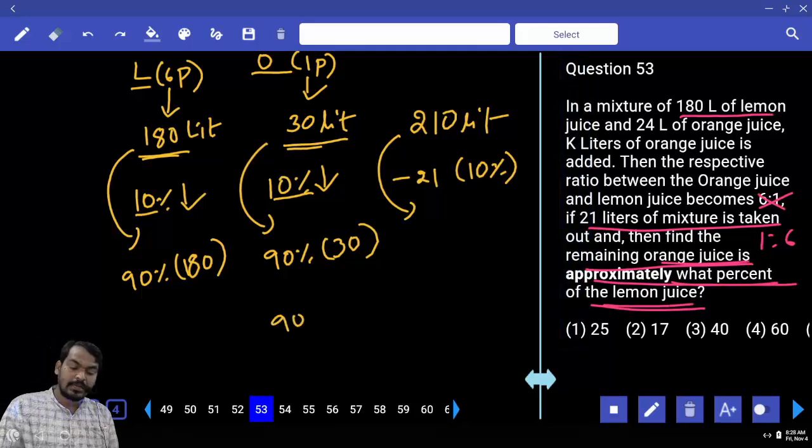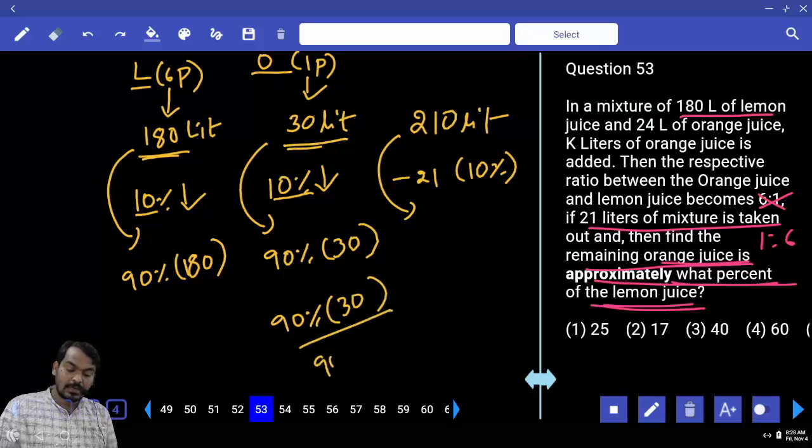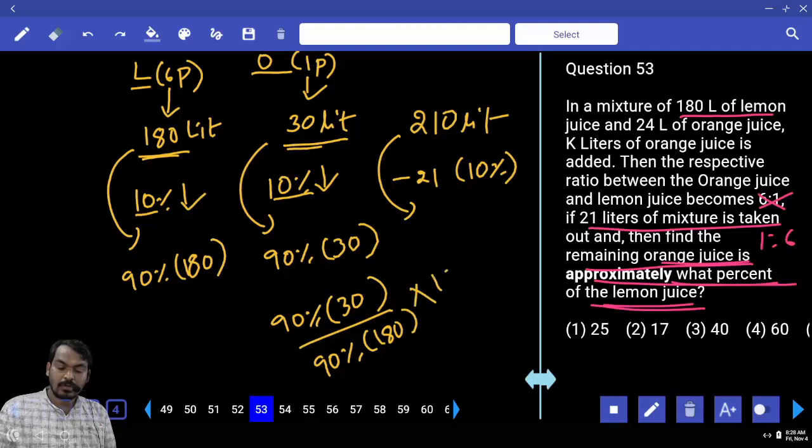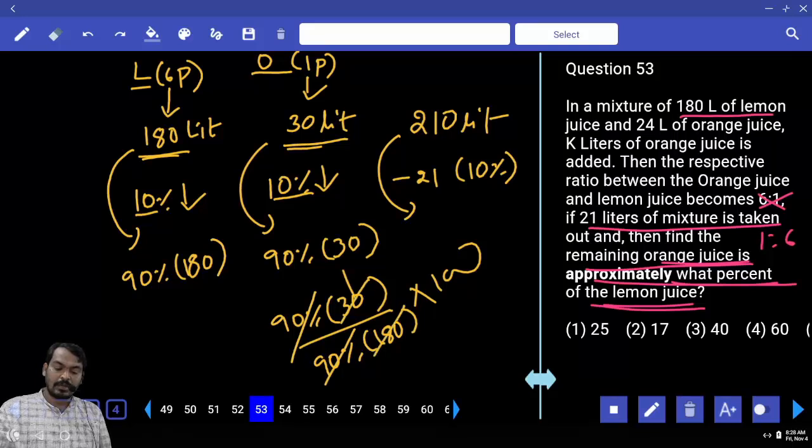This one we write as 90% of 30 by 90% of 180 into 100. 90 cancels, it is 1 time and it is 6 times. 1 by 6 means 16.66. Okay. We do not require the entire procedure.